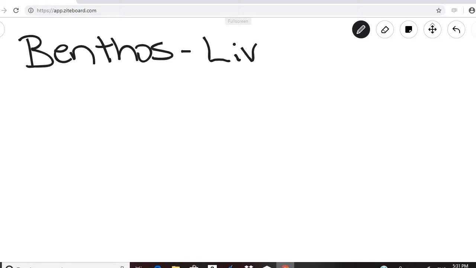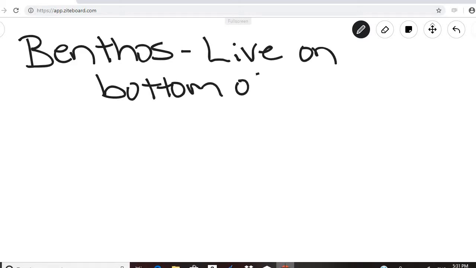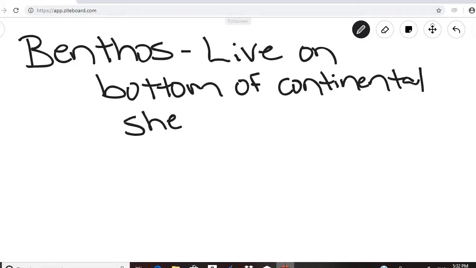In this case, they would live on the bottom of the continental shelf. This term doesn't just apply to the bottom of the deep sea, but the bottom of any area. If they live on the bottom, they're considered benthos.